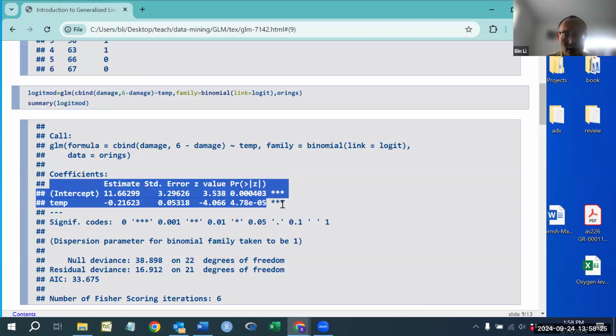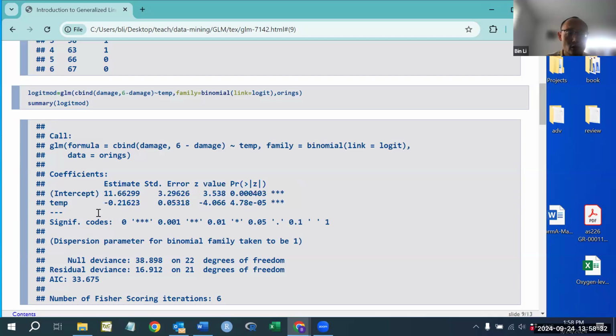These are the model parameters. The intercept for the logistic regression is 11.6, and the coefficient for the temperature is negative 0.21.